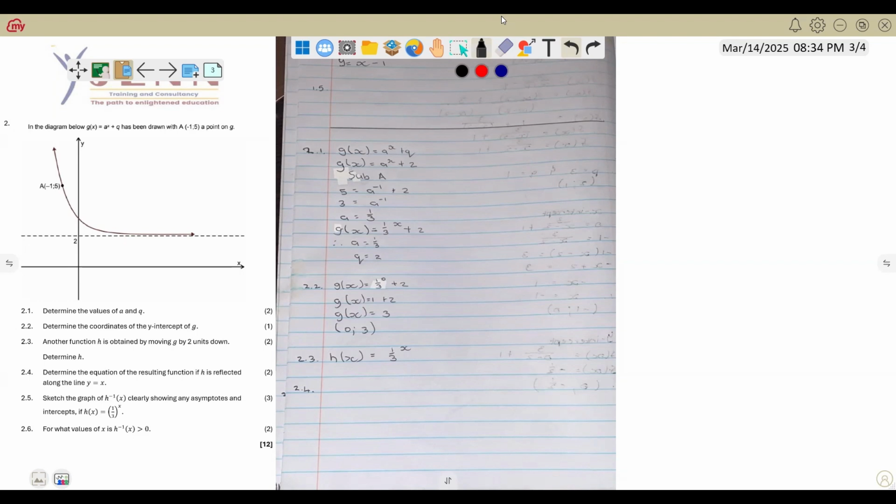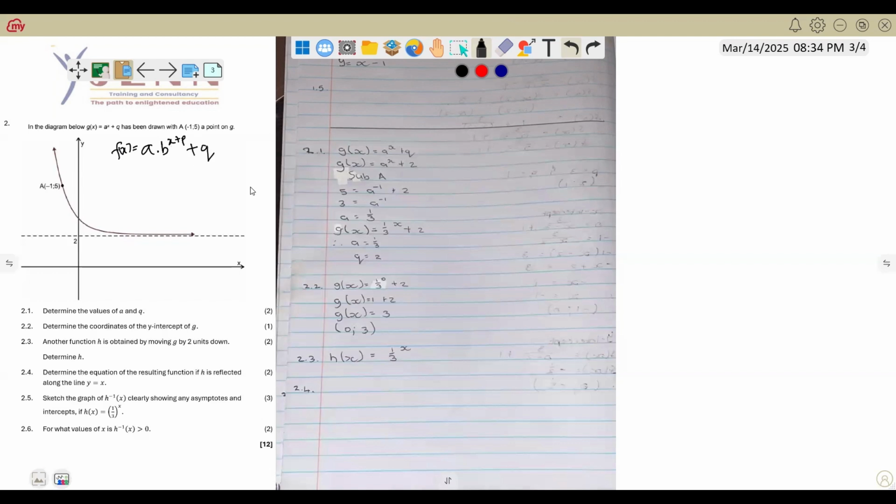Which type of function is that? Exponential. And the general form of the exponential function is a times b to the power of x plus p, plus q.